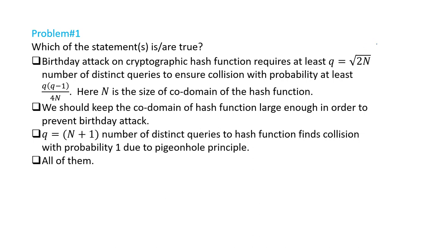So you have to come up with two different inputs such that h(xi) is equal to h(xj), where the query inputs xi and xj are not equal to each other. And to find such a collision pair, one naive approach is to do n plus 1 queries to the hash function oracle, where n is the size of the codomain of the hash function, right?